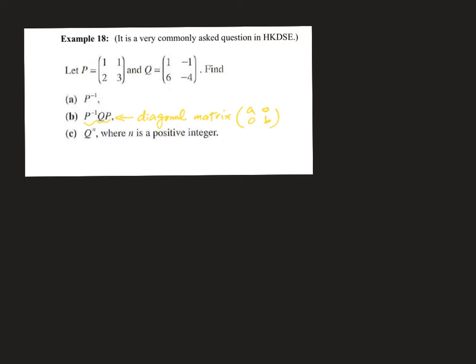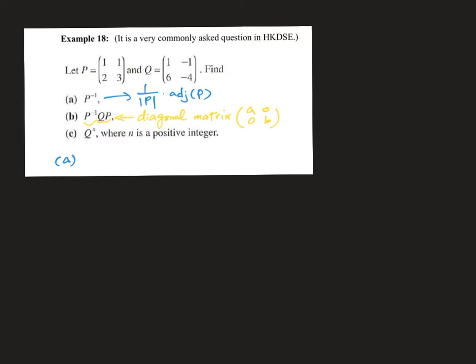Now take a look at part A. Part A is a very standard procedure for finding an inverse. Recall that the inverse is calculated by 1 over the determinant of P multiplied by the adjoint of P, and each of them carries a different nature. Determinant is a scalar, a value, so 1 over determinant of P is just a number.